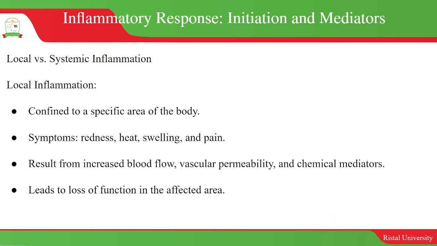So inflammation can be categorized as local or systemic inflammation. Local inflammation is inflammation that happens in a specific area of the body. That means that it's not generalized. It's just a given part of the body that is having inflammation. The signs of local inflammation include redness, heat, swelling, and pain.